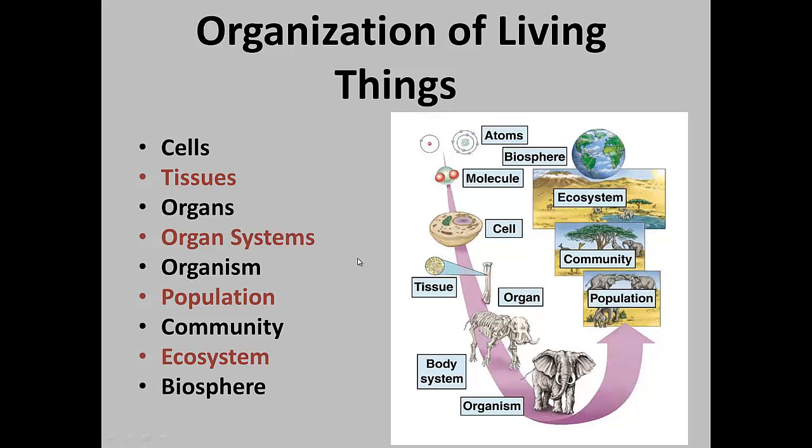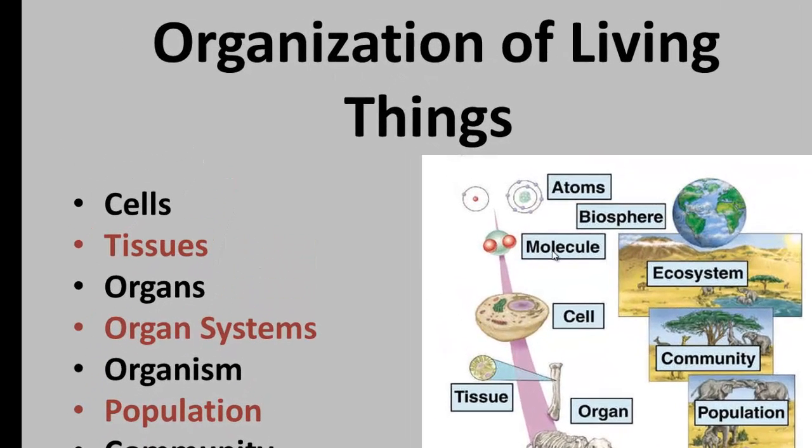And then all of the living can be encompassed on Earth, all the ecosystems within the atmosphere, and that would be the biosphere. The biosphere being the largest of levels that includes everything all the way down to the cells. So this is the organization of living things, or how the levels are organized when you are speaking of living things, going from the cell all the way to the biosphere.